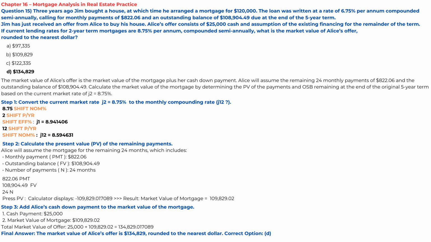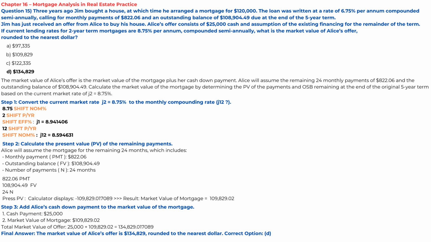Jim has just received an offer from Alice to buy his house. Alice's offer consists of $25,000 cash and assumption of the existing financing for the remainder of the term. If current lending rates for 2-year term mortgages are 8.75% per annum, compounded semi-annually, what is the market value of Alice's offer, rounded to the nearest dollar?